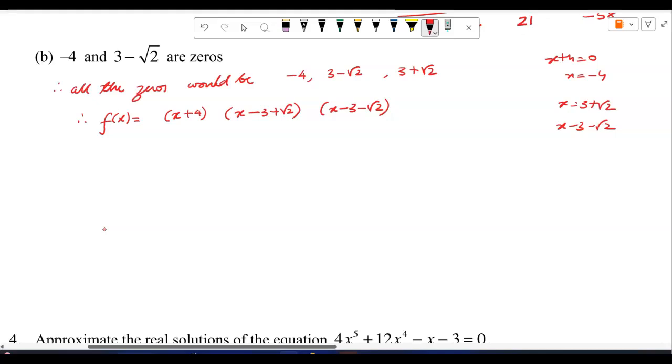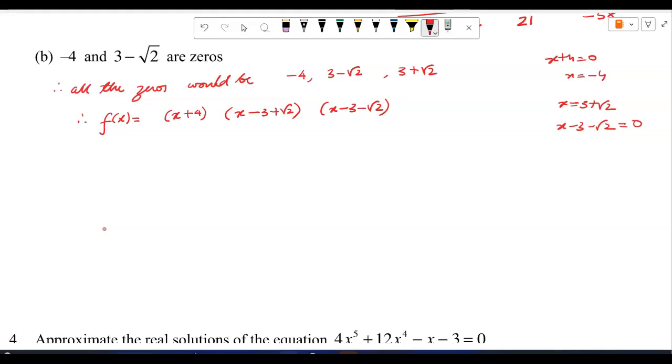Wait, why is it minus though? When your x was 3 plus root 2, to make it equal to 0, you get all the terms on one side. So you bring the minus. It's the reverse of what you've been doing so far. You're getting the factors from the roots, from the zeros. So of course you bring the sign. Okay.